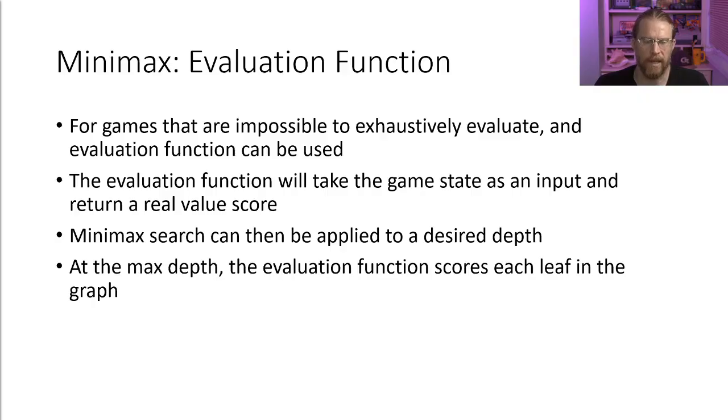So this is like a heuristic that we will apply to evaluating an entire board state or game state. And it will give us a score that we think generally shows whether the current state favors one player or the other.